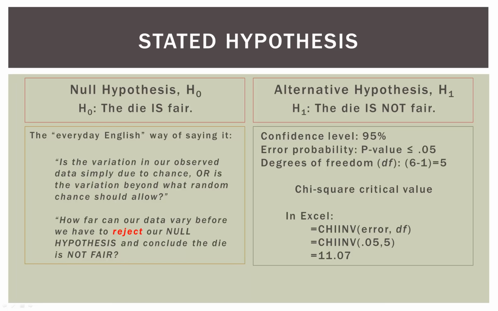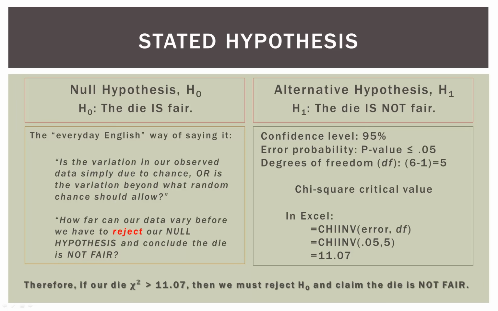Our threshold for our chi-square critical value is going to be 11.07. So what that means is that if our die's chi-square is greater than 11.07, then we have to reject our null hypothesis and claim that the die is not fair.